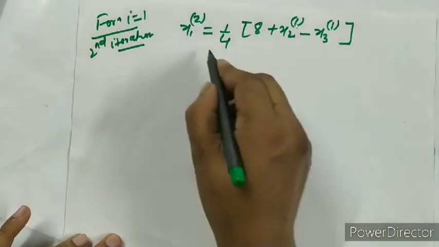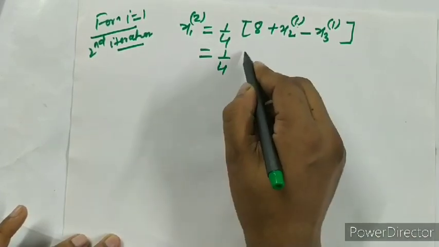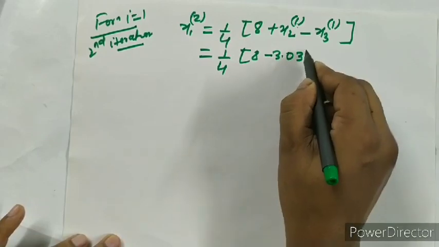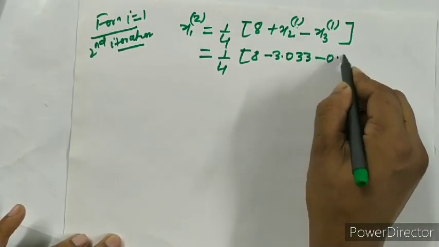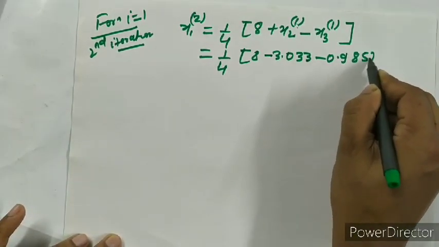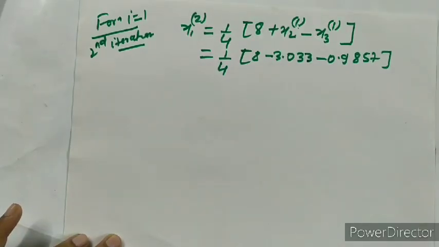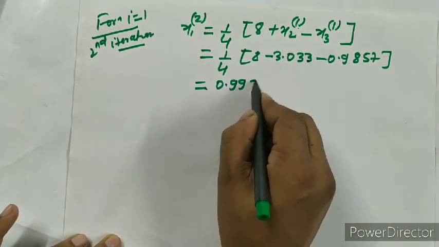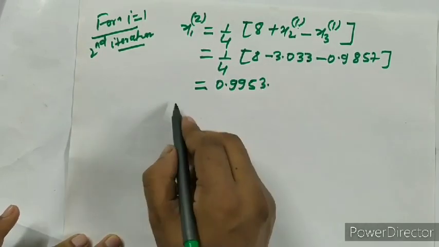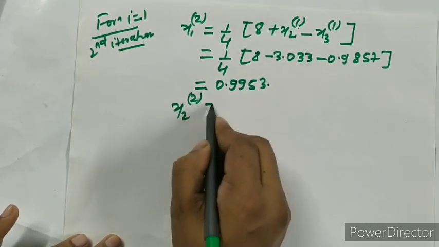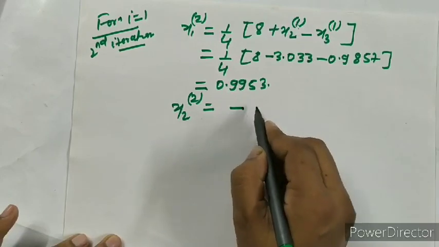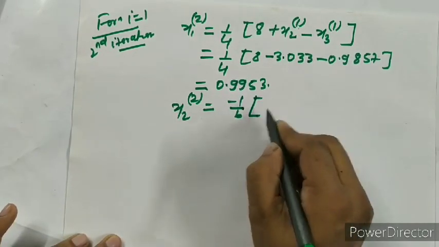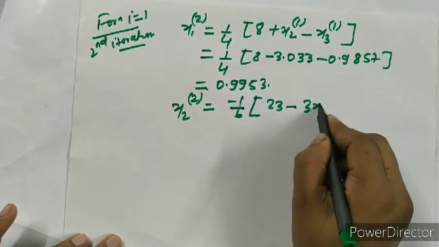So we get 1 by 4 into 8 minus 3.033 minus 0.9857, and we get 0.9953.